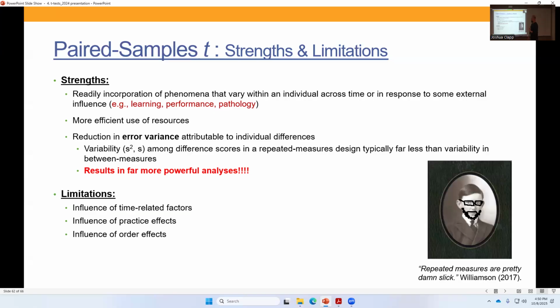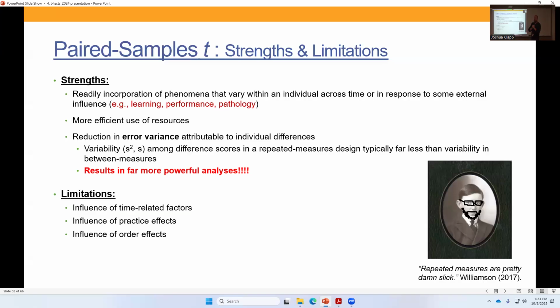Let's have the influence of practice effects, right? If I'm seeing how well you do on this one thing, and then what happens if I give you the same test down the road? Those of you in Tara's assessment class, don't know if you got to this point yet, but do you give someone an IQ test and then give the same one to them again 3 weeks later? Nope, you sure don't, because there are going to be practice effects there.